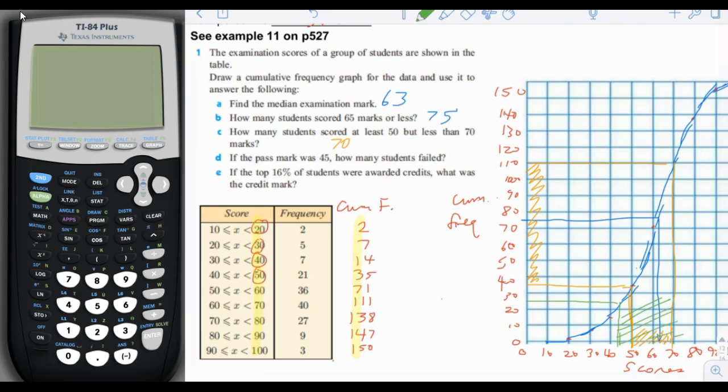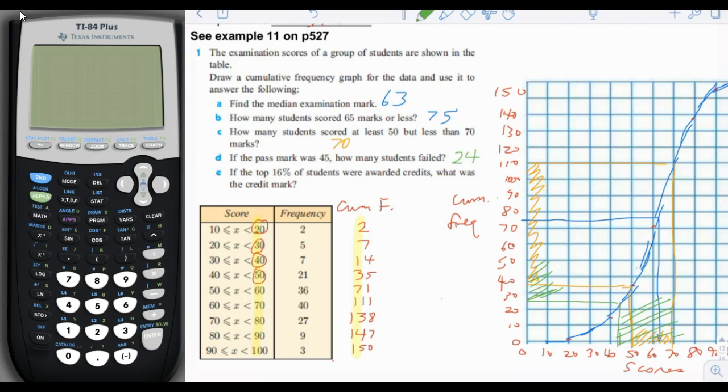That corresponds to anybody above the 24 mark. So the 24th to the 150th student passed. Or, how many students failed, it says. Oh, so failed would be anywhere below 45, and that would correspond to anybody below 24. So that would be 24 students, right?